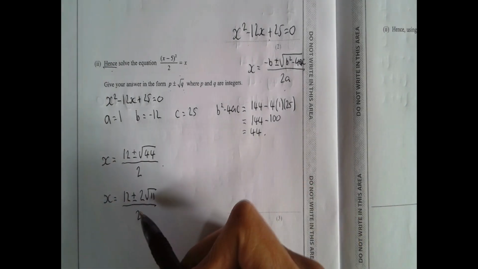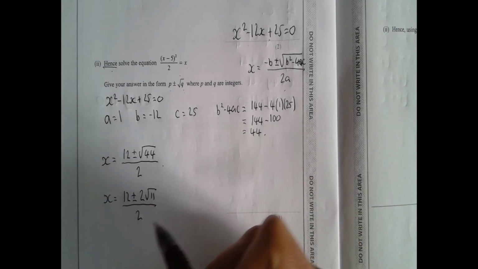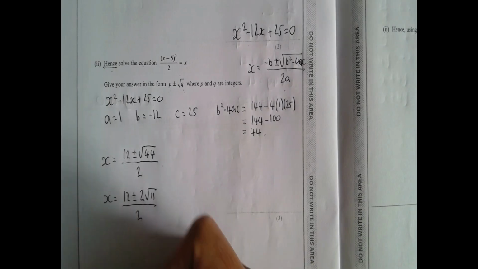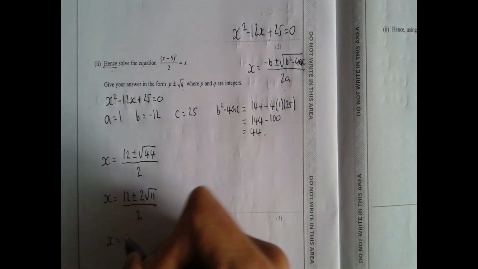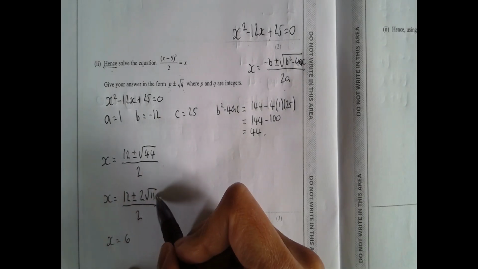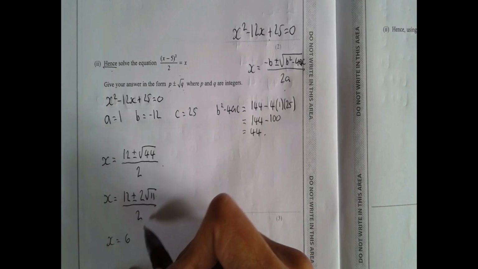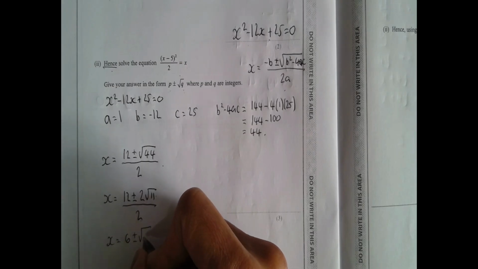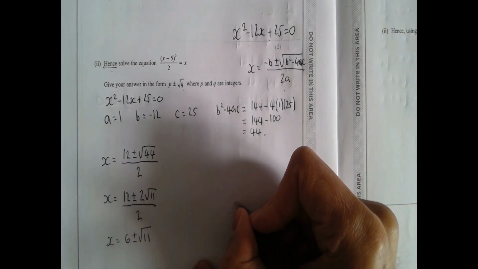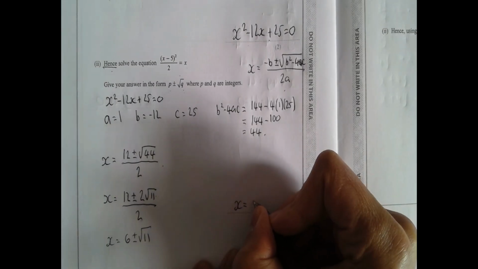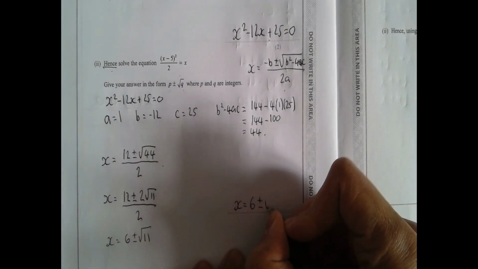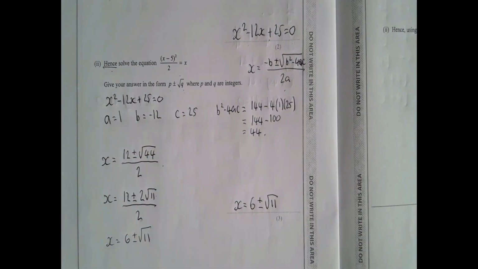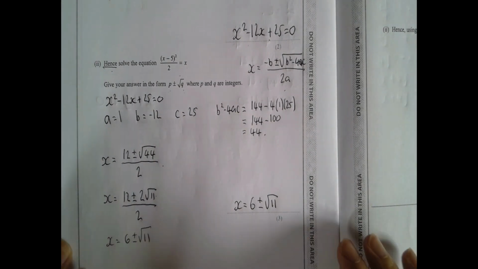Okay, so I can now simplify this. 12 divided by 2 is 6, and 2 root 11 divided by 2 is just root 11, so it's going to be 6 plus or minus root 11. Okay, so my answer for this is in fact x is equal to 6 plus or minus root 11. And that's my answer for that part.